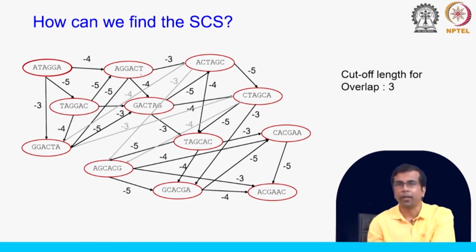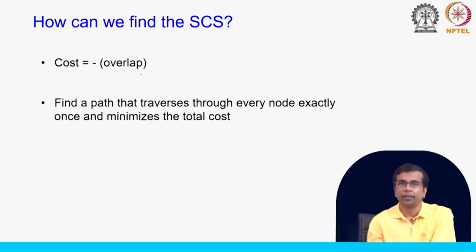We have changed the sign of these edge weights, so they are negative now. We have transformed the problem. This means we have to find a path that traverses through every node exactly once, but also minimizes the total cost now. Instead of maximizing the total score, we need to minimize the total cost.